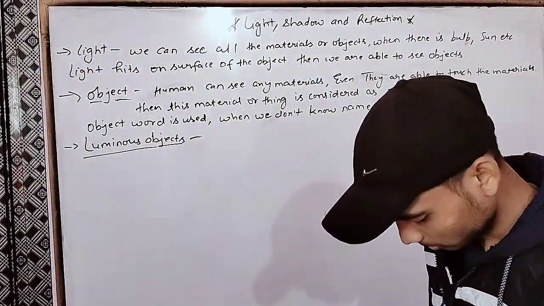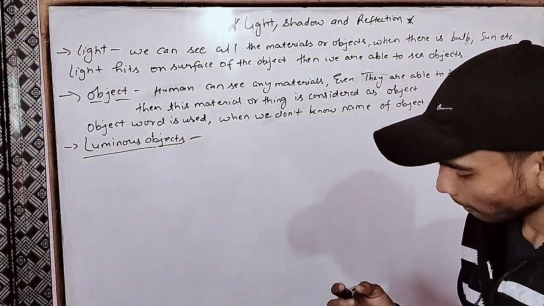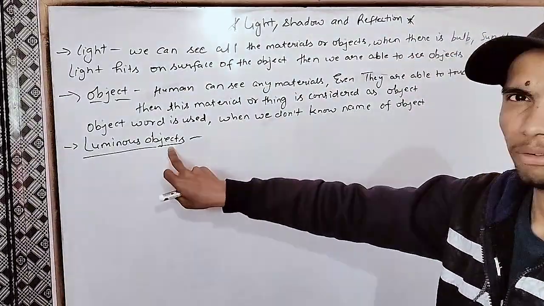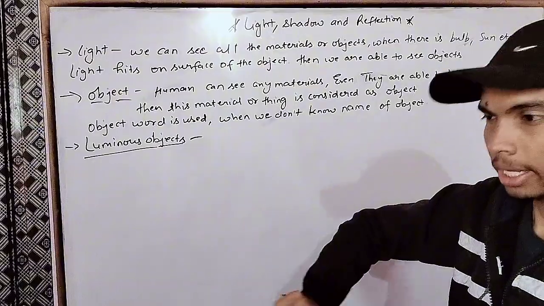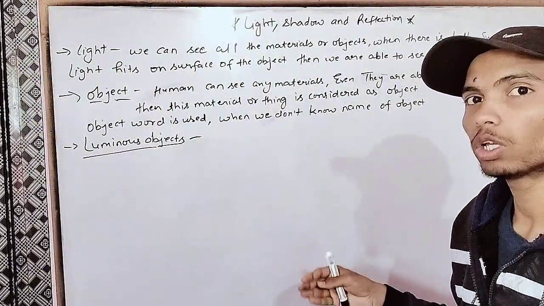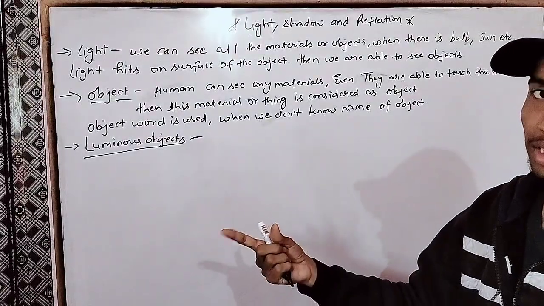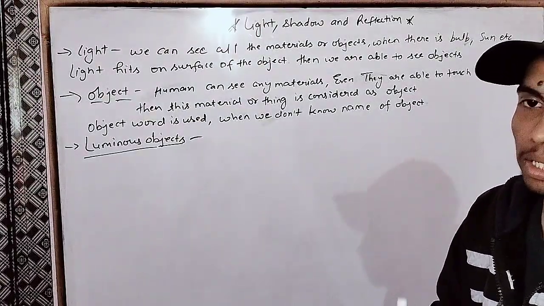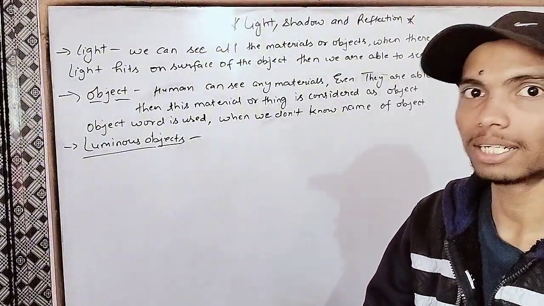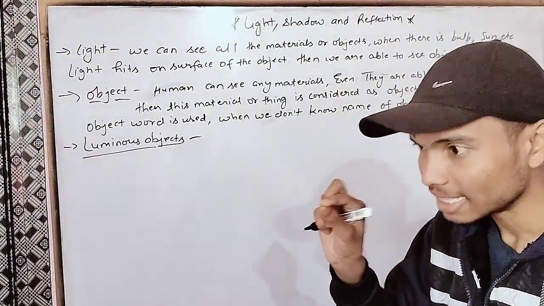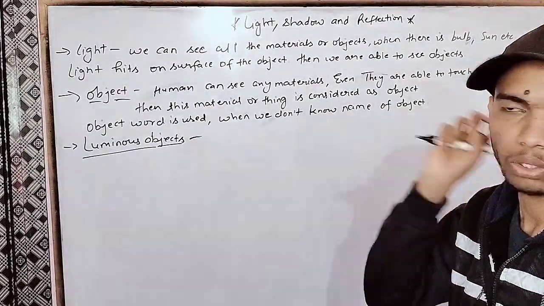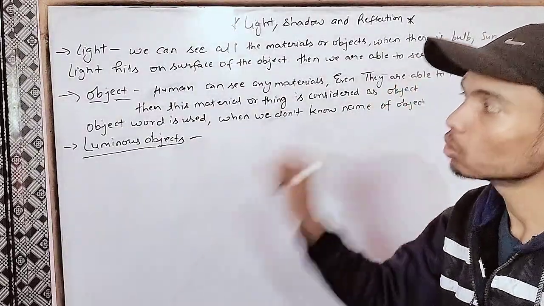So a luminous object means any object that is able to emit its own light. If any objects are able to emit their own light, then we can say this comes into the category of luminous objects.